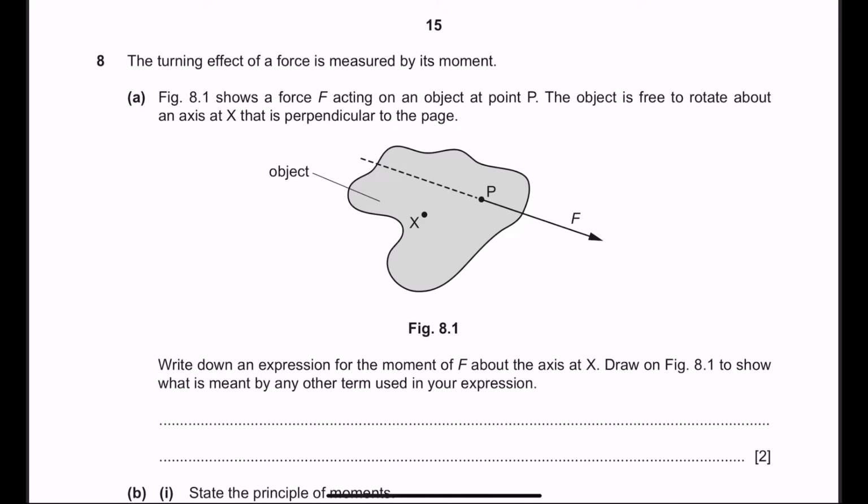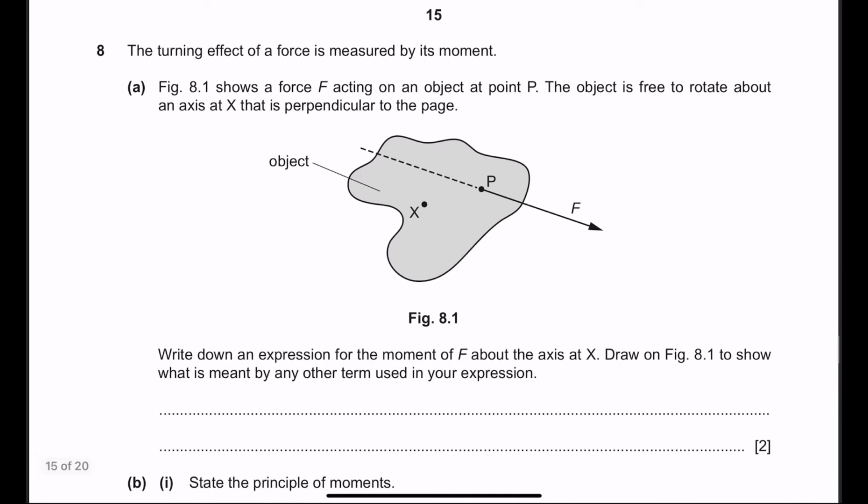So they're saying, first of all, write down an expression for the moment. So we know that moment is F multiplied by distance, which is D. But you have to draw on the diagram to show what you mean by the distance.